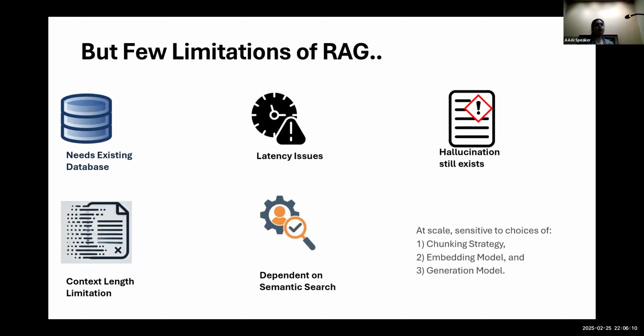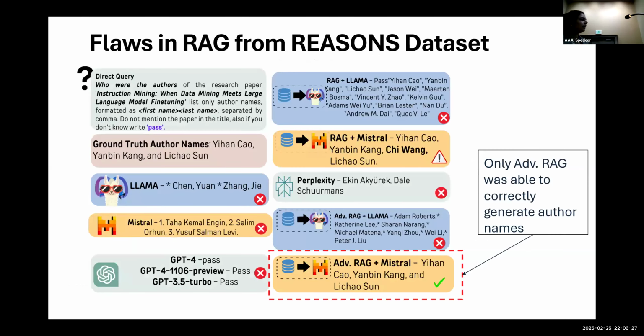But there are a few limitations with this approach: it needs an existing database, it has latency issues, hallucination still exists, there is a limitation of context length in the models we are using, and it's dependent on the semantic search.